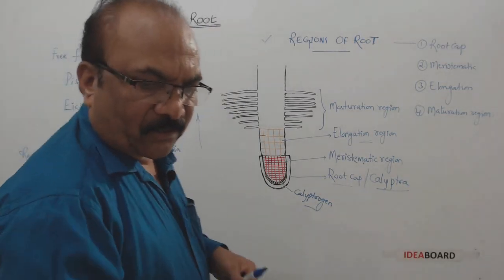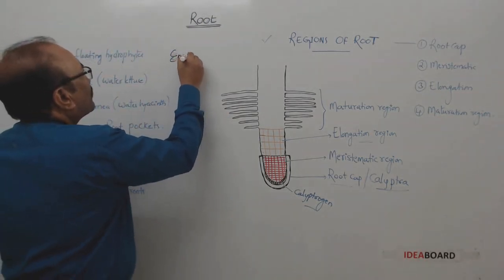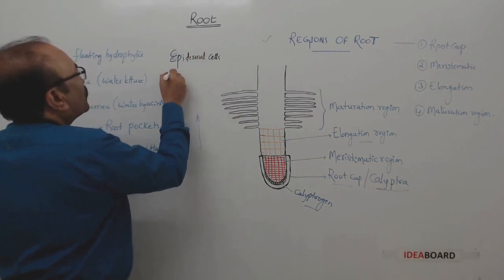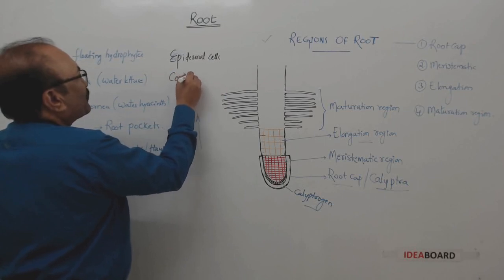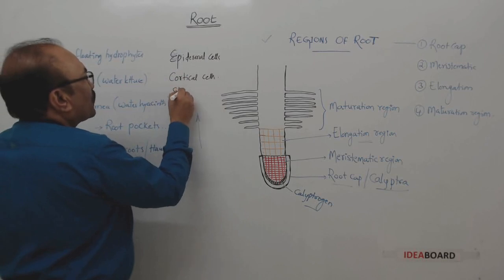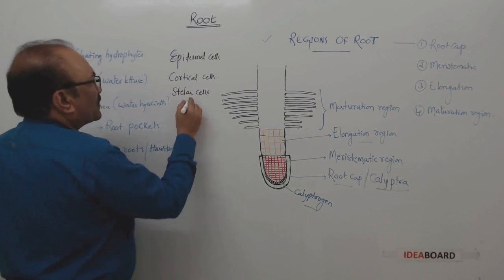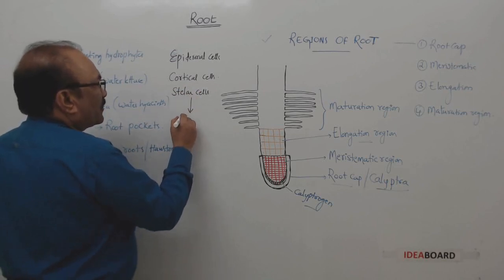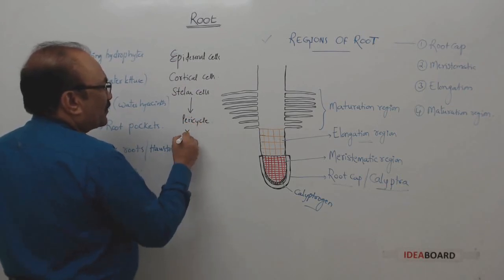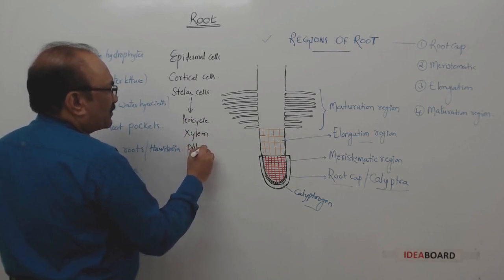Some of the cells will differentiate into epidermal cells, some into cortical cells, and some into stellar cells. In the stellar cells, you will find many other cells like pericycle cells, and some will differentiate into xylem cells, some into phloem cells.